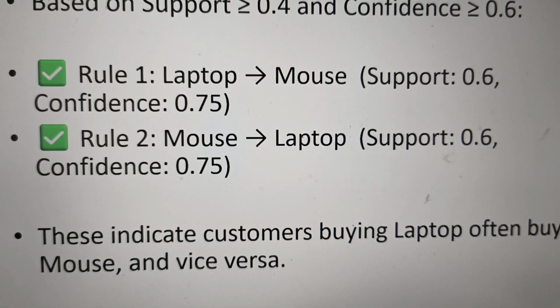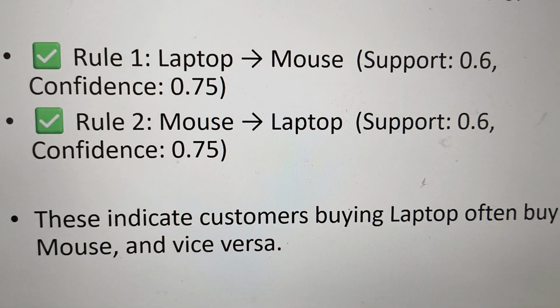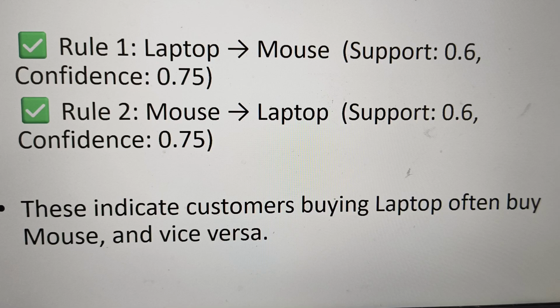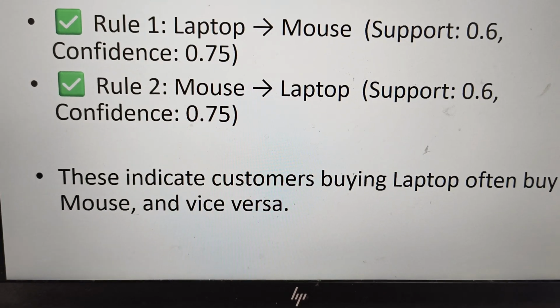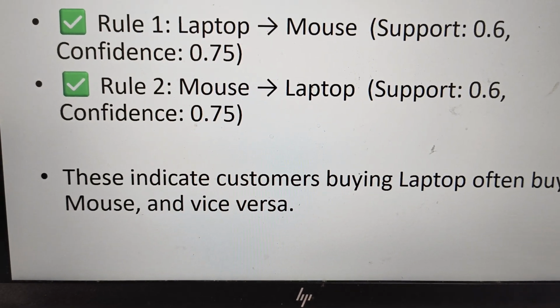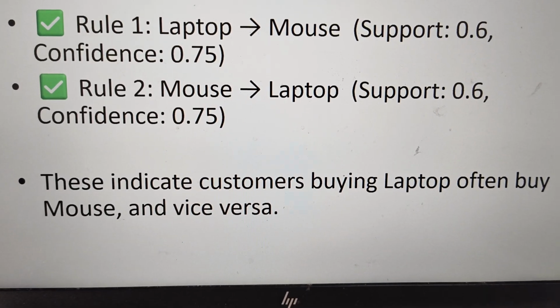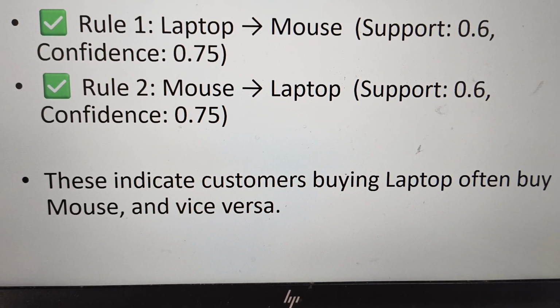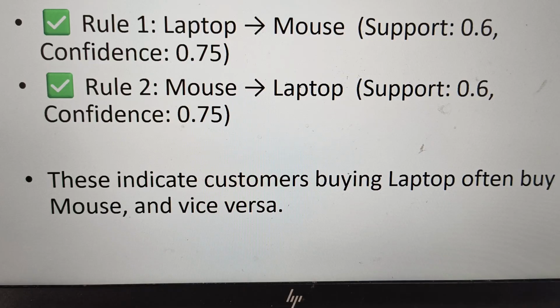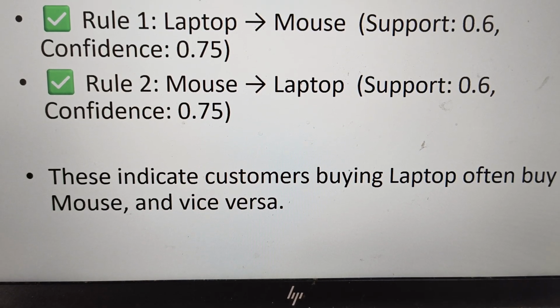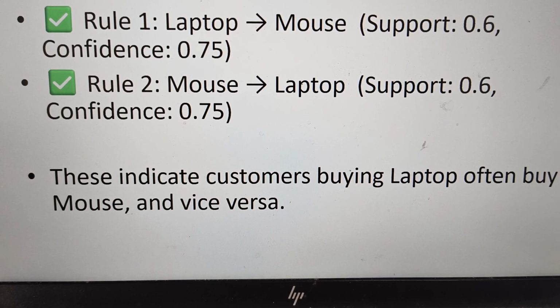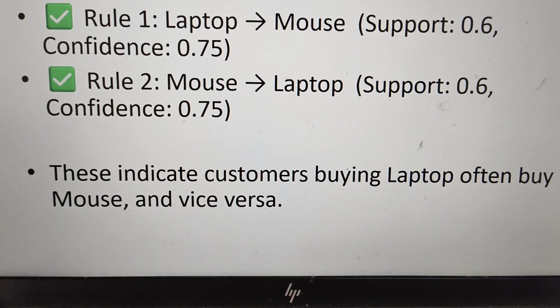Now for mouse to laptop, support is 0.6, confidence 0.75. So these indicate the customer buying laptop often buys mouse. Similarly, the customer who buys mouse will definitely buy the laptop.